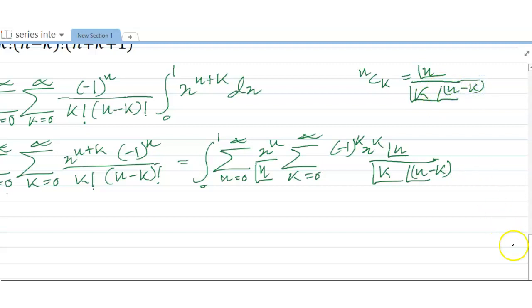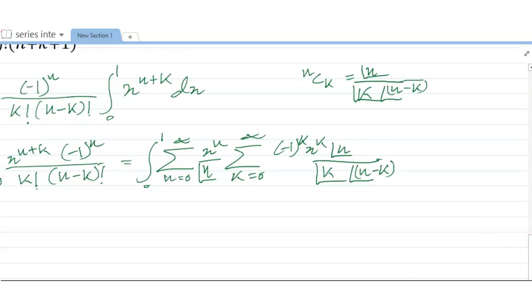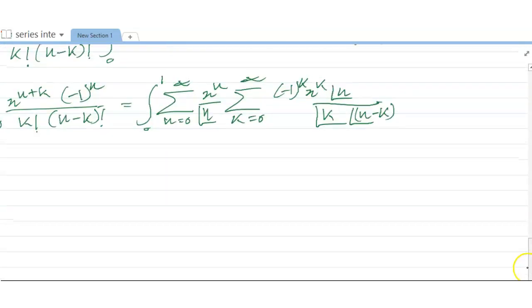This formula I can apply here. Very simple, friends, very easy, it is not so tough.